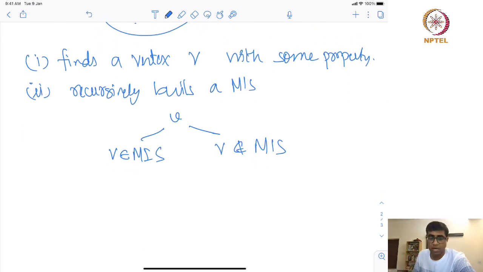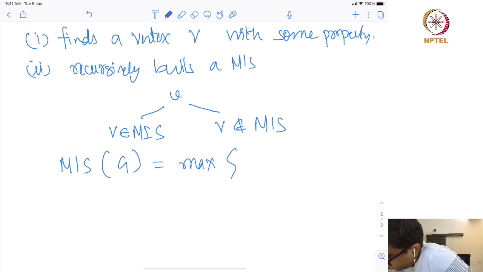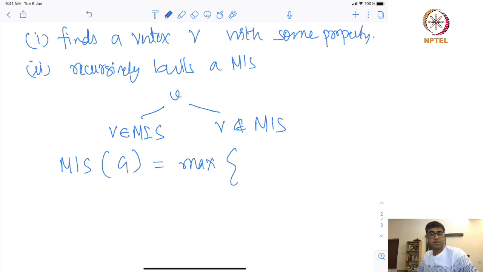If V is a part of the maximum independent set, then what can we say? If I have to write a small recurrence, max independent set of G is equal to the max of the two cases: V is in the maximum independent set, or it is not. If it contains V, then the maximum independent set cannot contain any of its neighbors.